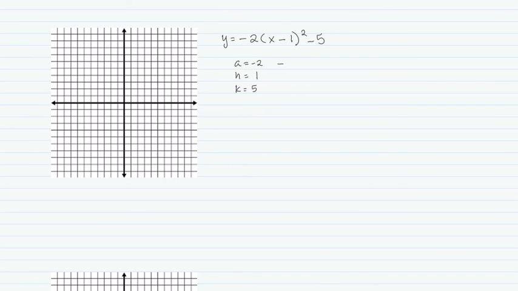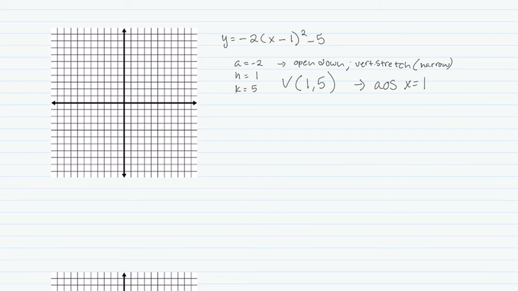Since a is negative, it should open down, and should actually be a vertical stretch, which means it gets more narrow. And my vertex, these two give me my vertex at (1, negative 5), which tells me my axis of symmetry is at x equals 1.